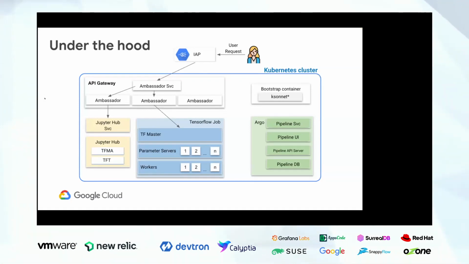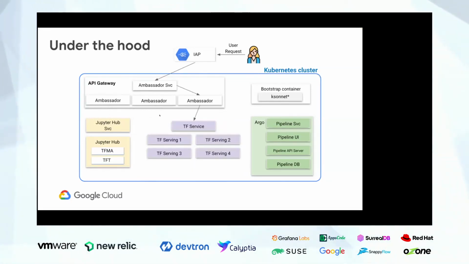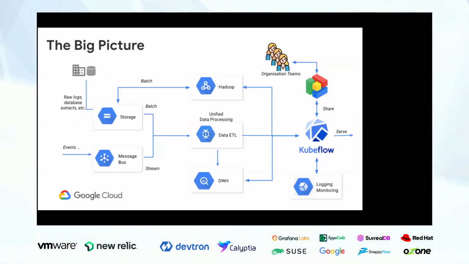So if you look at the overall big picture, right, this is a typical flow. It starts with the raw data, data that is on storage. You then write these ETL jobs that dump the data into some kind of a data warehouse.